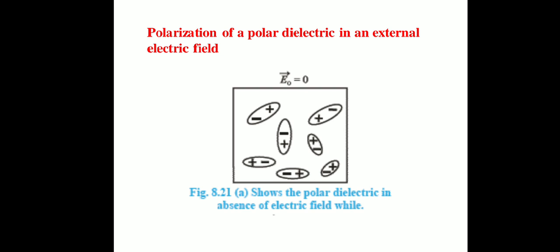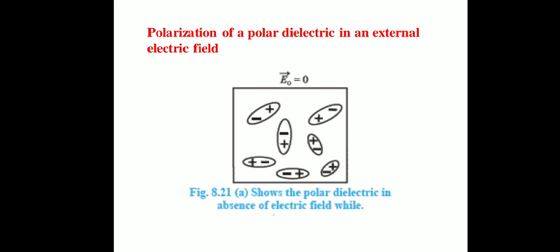But when we consider the overall polar dielectric substance, all the dipole moments are randomly oriented, and as the dipole moments are randomly oriented, they cancel with each other. So the net dipole moment on the material or on the substance is zero.